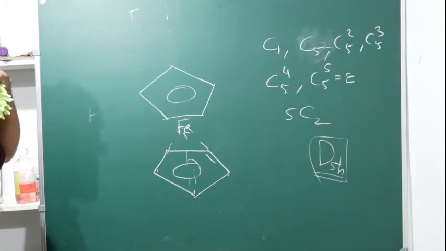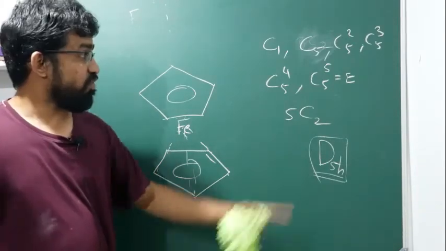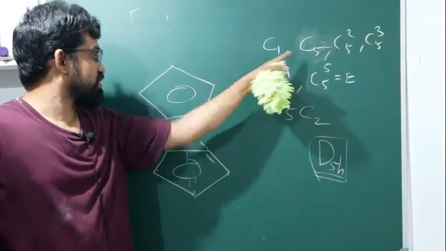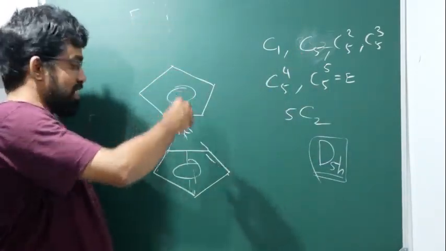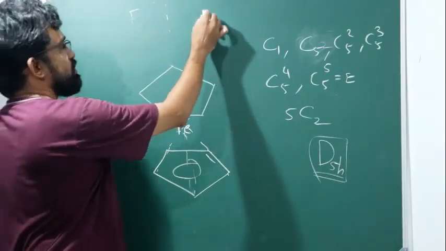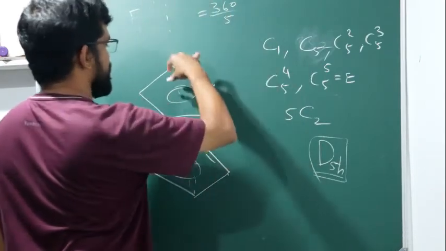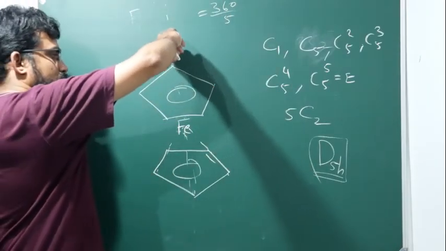So here you can say that C5 is there, and 5 C2s are there. When you rotate along this C5, the degree is 360 divided by 5. This degree of rotation will come.